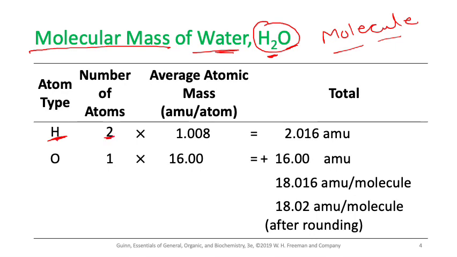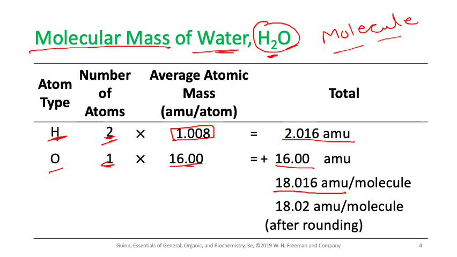We have two hydrogen atoms, and each hydrogen atom has a mass of 1.008, so you multiply this number by 2 to get this mass. And then you have how many atoms of oxygen? One. So you have one atom of oxygen, and each atom of oxygen has an atomic mass of 16 AMU, and you add them both together, you will get 18.016 AMU, atomic mass unit per molecule.